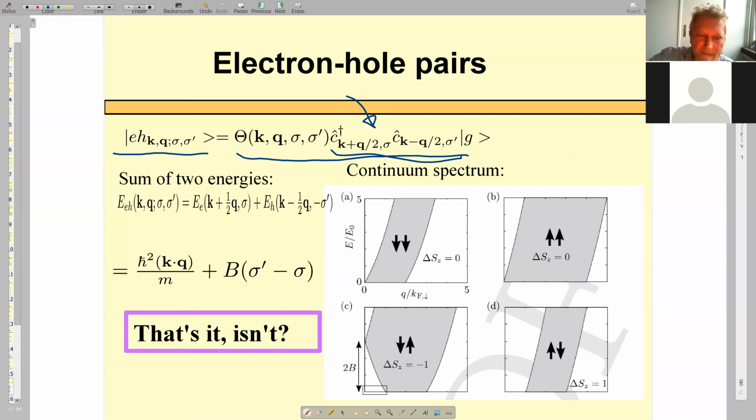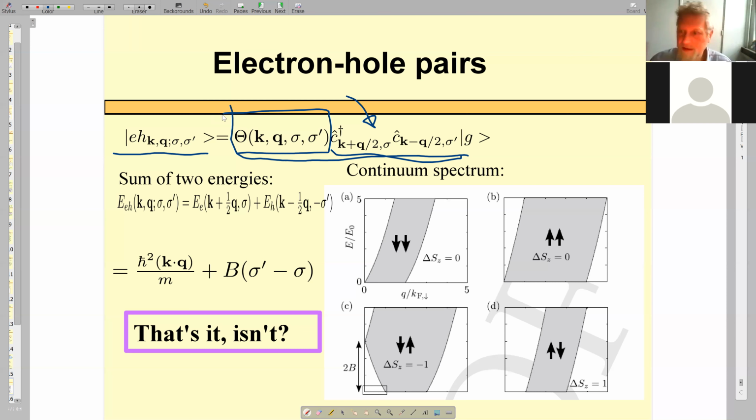And that I have taken into account with this factor. So the state with K minus Q has to be filled. The state with K plus Q has to be empty. And that also depends on spin under our circumstances.